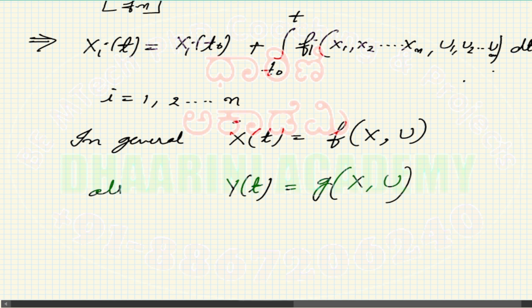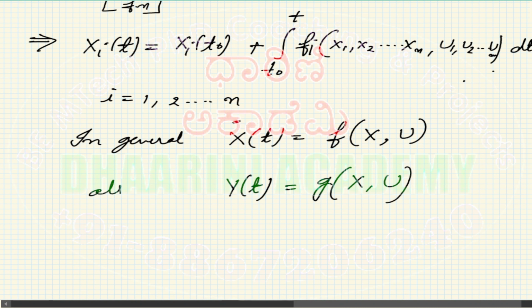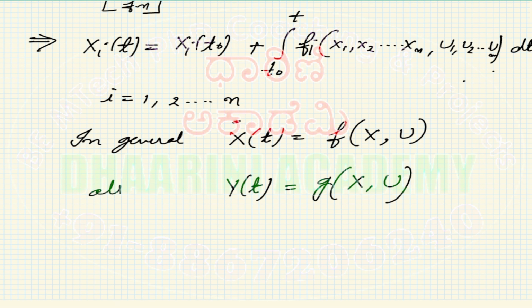The output of the system depends upon the current inputs and all the past values, that is x. But the function will be different now, so you have to use a different function g. Again, g is also a different functional operator.